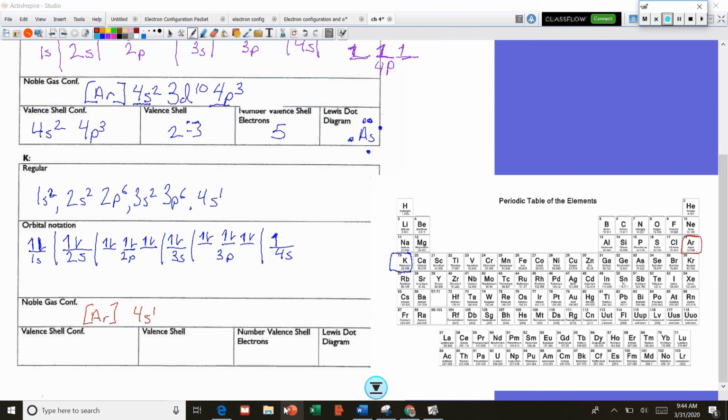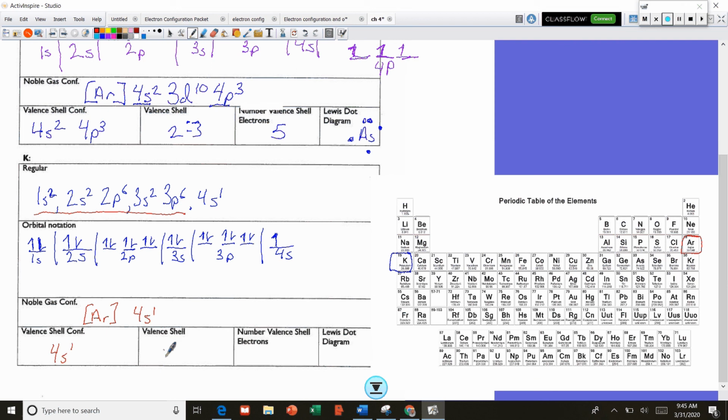All right. For noble gas configuration, notice that argon is the noble gas on the period above it. So that's going to incorporate everything all the way up to 3p6, just like we did for arsenic prior. And then the only thing extra is the 4s1. So our valence shell is 4s1.